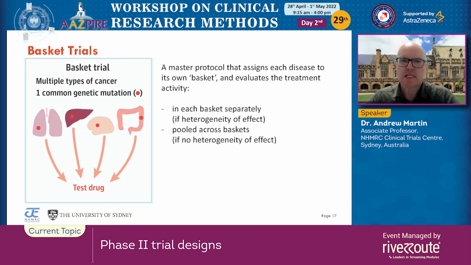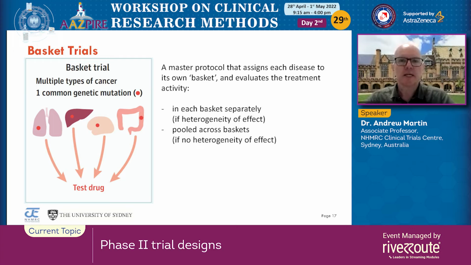But these basket trial designs also have the potential to pool information across baskets if there is no heterogeneity of effect. And so that can lead to improvements in estimation, because we're getting more patients contributing to a common estimate of effect.